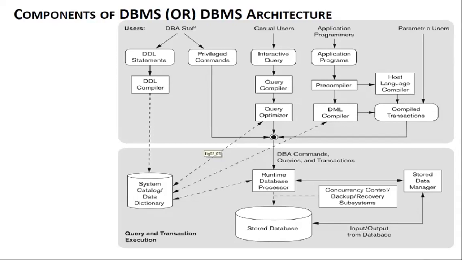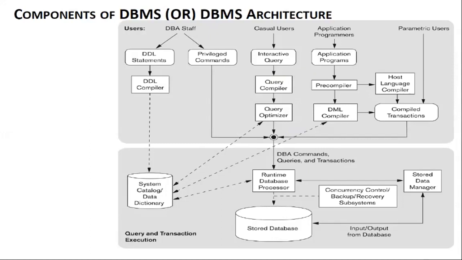Now we'll talk about the architecture. When you look at this diagram, you can see two portions. In the first portion, the top layer, you can see the users, and at the next level there are some commands through which the users interact with the database management system, and next to that you have the compilers.